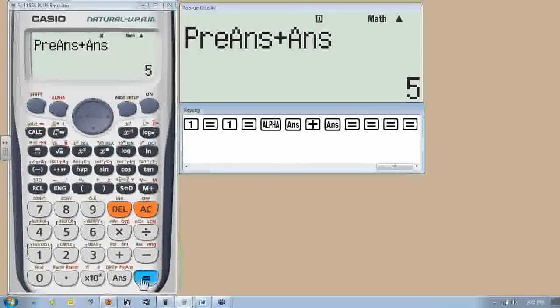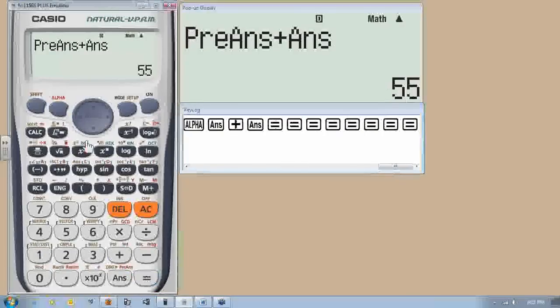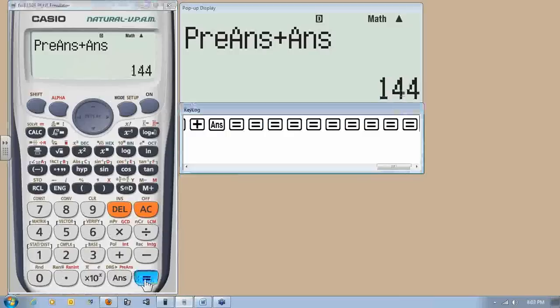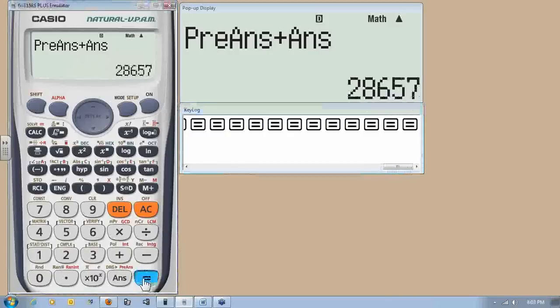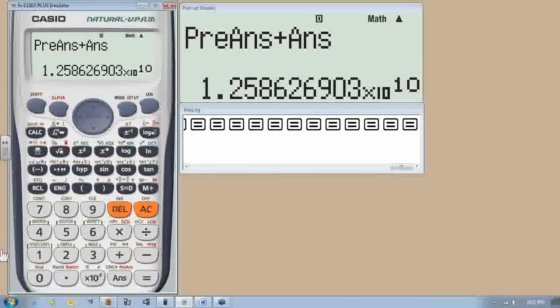And I keep pressing enter. There you have your Fibonacci sequence. Previous answer takes the answer before the answer, hence the name previous answer, and I am generating the Fibonacci sequence with just 2 button pushes. This is amazing. There you have it.